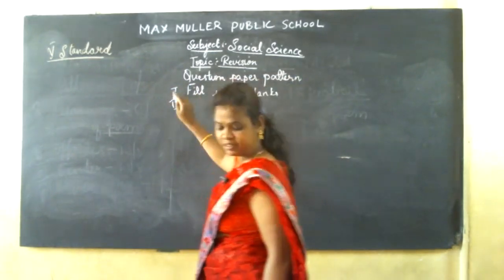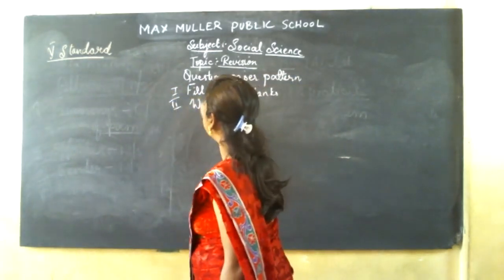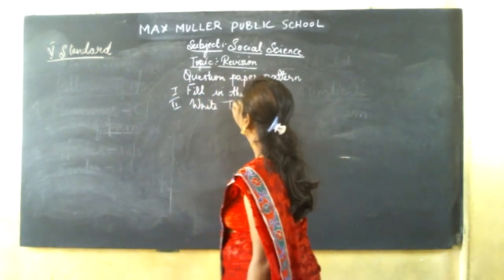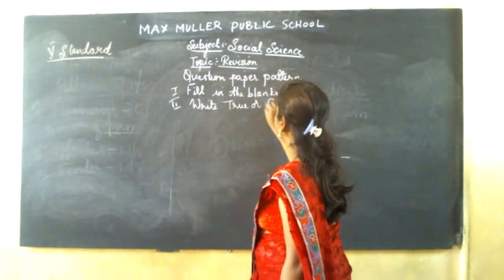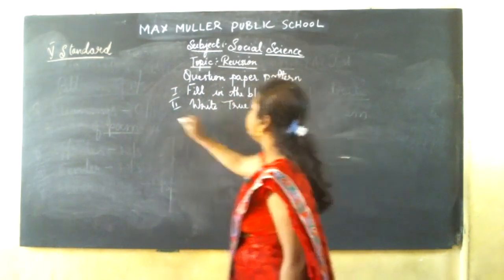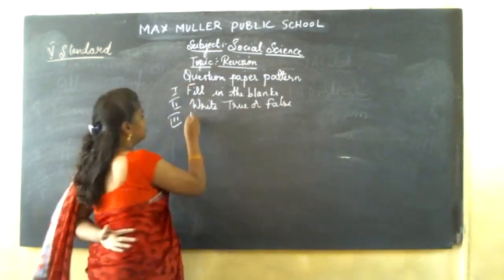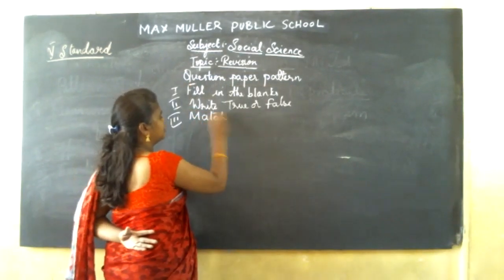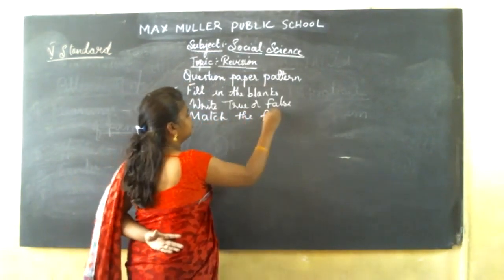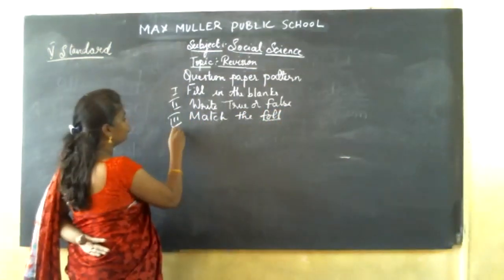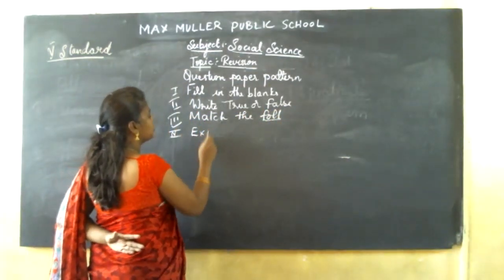Second main will be the true or false, right? So the second main will be the true or false. Third main will be match the following. Fourth main will be the expand the following.